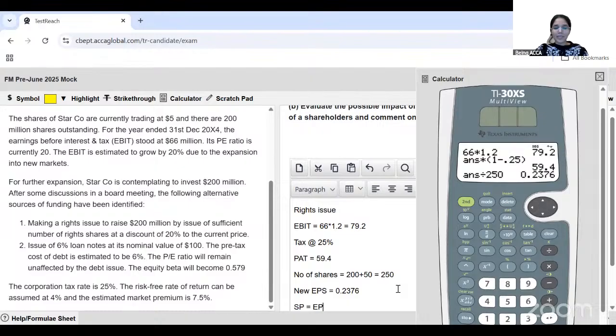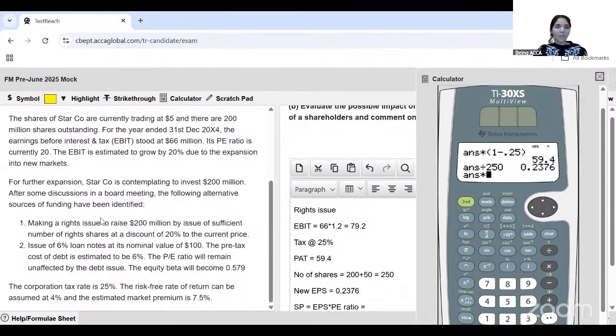Now, how much is your share price going to look like? Share price will be EPS times the PE ratio. So this is going to be 0.2376 multiplied by the PE ratio, which was given to us at 20. So your share price is going to look like 4.752. Earlier with the TERP, we had calculated that the share price was going to be 4.8.